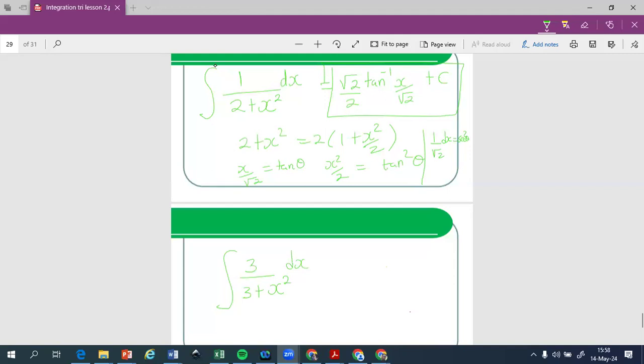Someone is saying root 3 tan inverse x out of root 3. Yes, finished. Do you have that answer? Okay, Luther, read for us your answer.